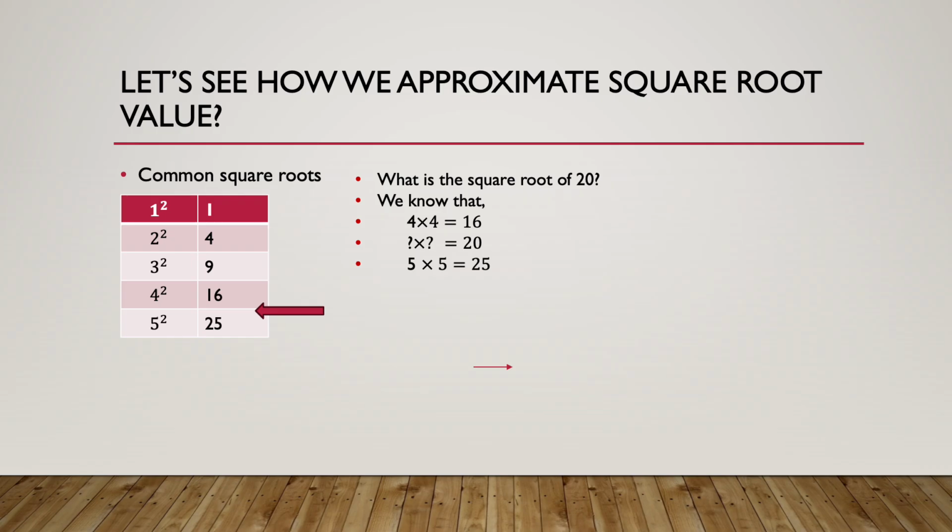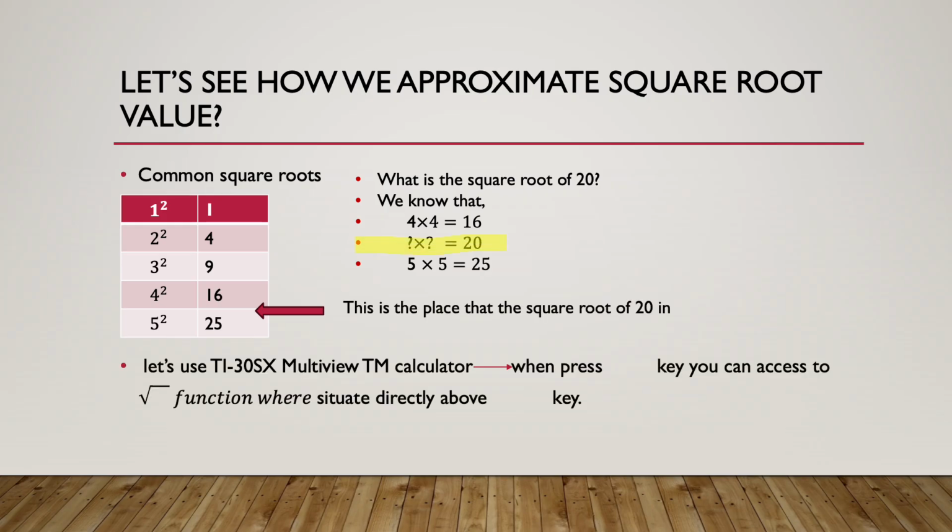We don't know this number, so we want to find it. We know 5 multiplied by 5 is 25. So right now we can get some idea: the square root must be 4 point something.